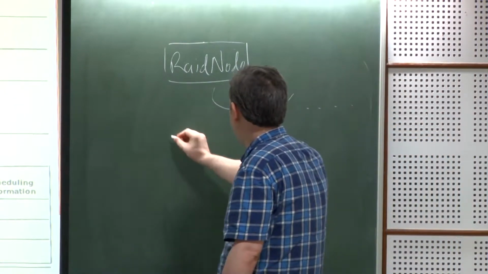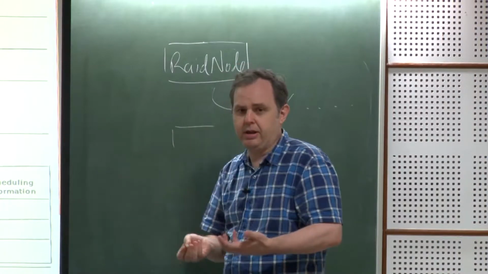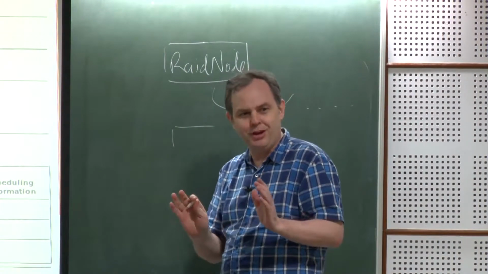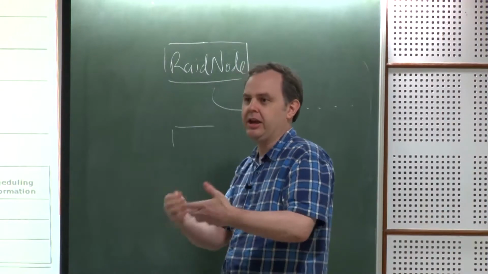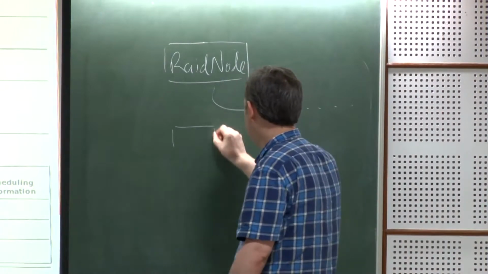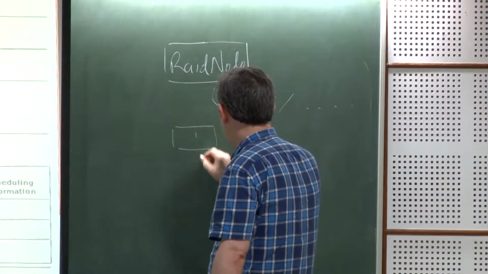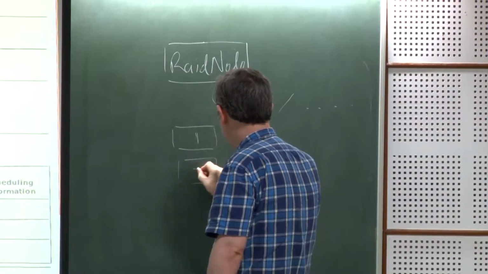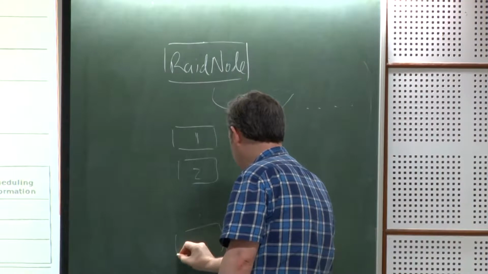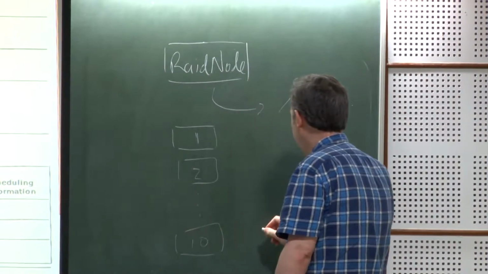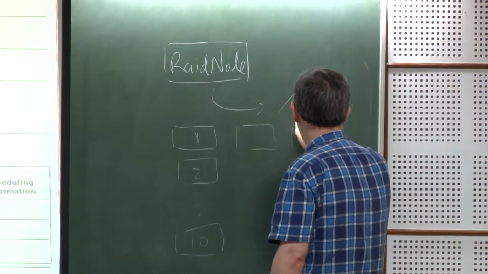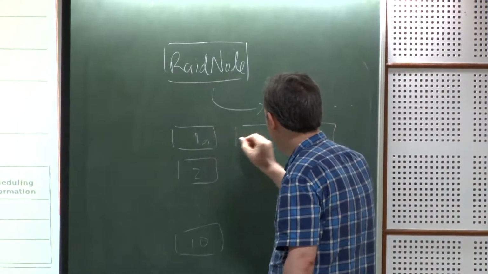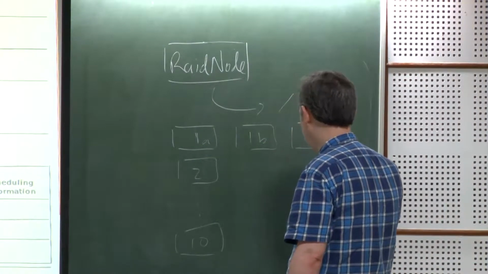So ordinarily, and we'll always talk about files conveniently with 10 blocks. We'll construct files that have 10 64 megabyte blocks. So you would have 1, 2 down to 10 blocks in a file, and ordinarily, and what we will see is that you have three copies of each, right? So you have 1A, I'll just call them 1B, 1C.